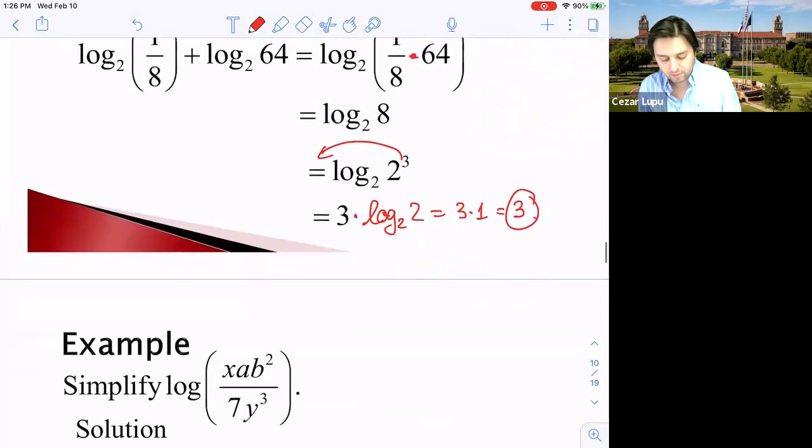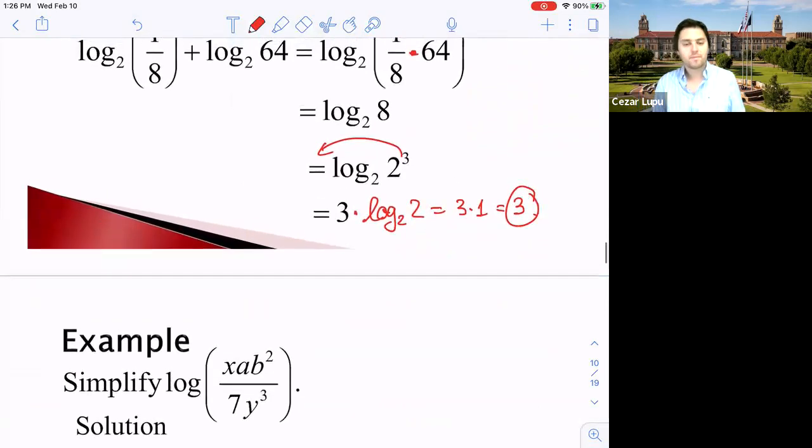Now, let me see another example. Again, I would like you to think of it a bit. I don't even put the base here, so probably it's base e, let's say. So it's log of x a b squared.